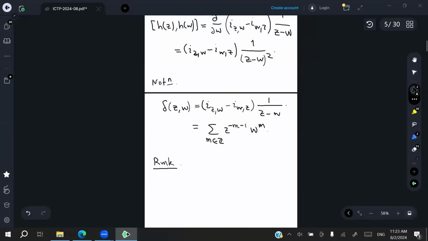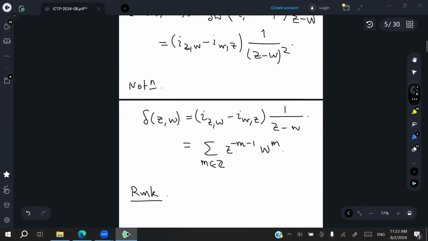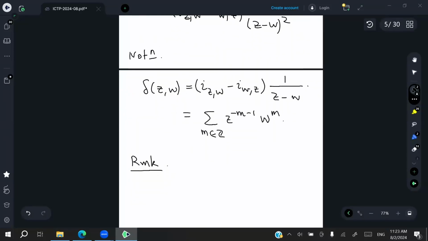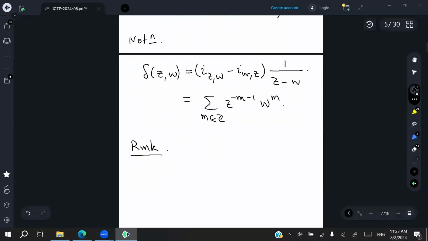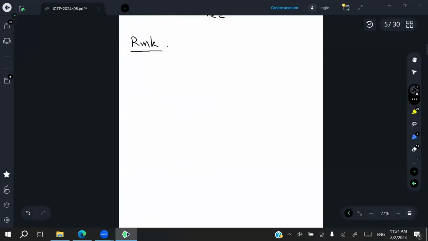Why would you identify such an object with the delta function? Well, by way of motivation, I'll just mention an identity of distributions from classical analysis.